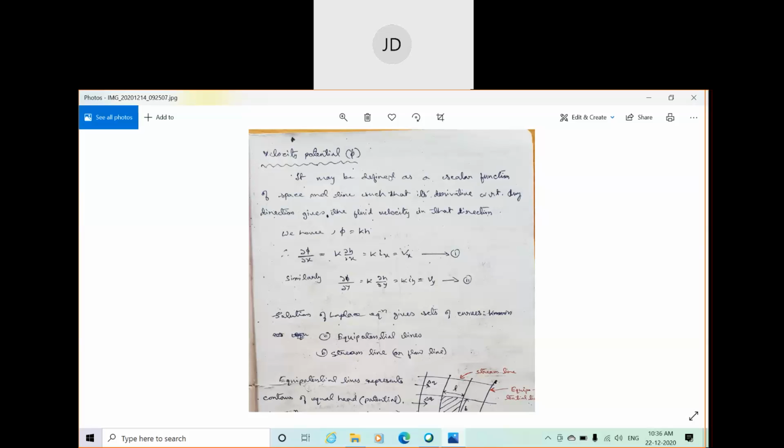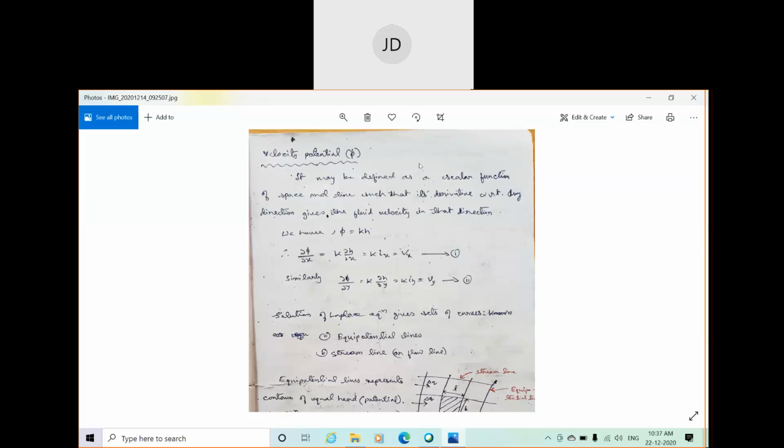As per this statement, if you differentiate the velocity potential with respect to x direction, the final result will give you the velocity of flow in x direction.